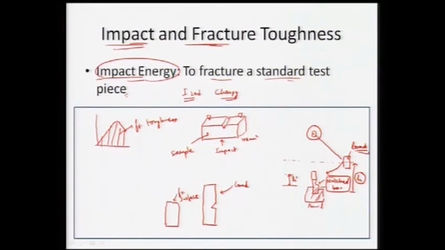So impact and fracture toughness can be measured by using Izod or Charpy testing. We provide a notch in the sample, and a load is swung from a certain height, and then that load strikes the sample, and there will be reduction of the height because of the absorption of energy by the sample. By changing the height of this load, we can calculate the impact energy absorbed by the material.